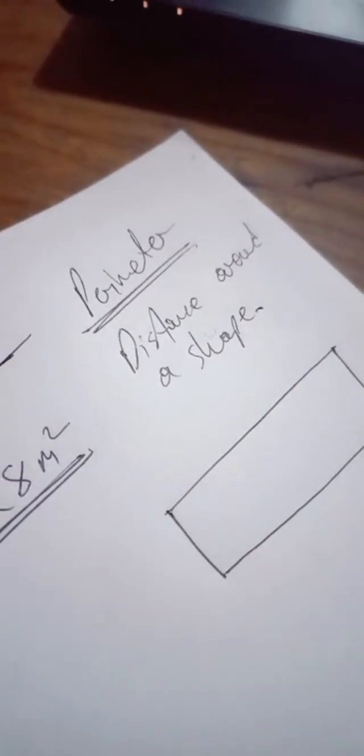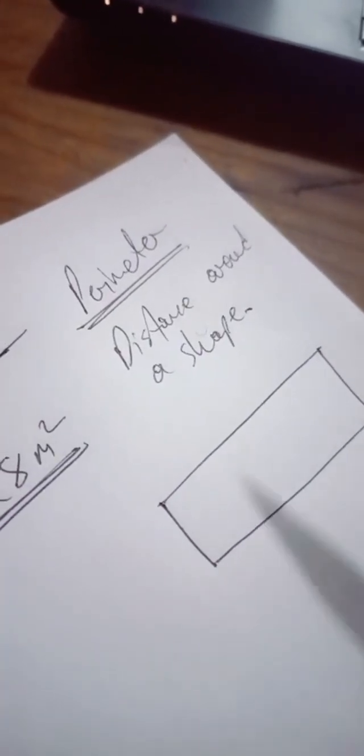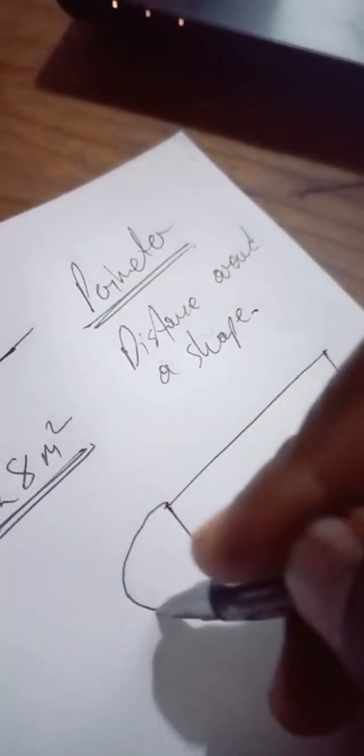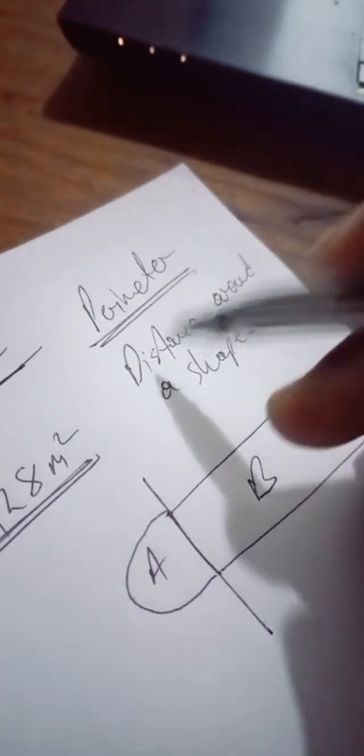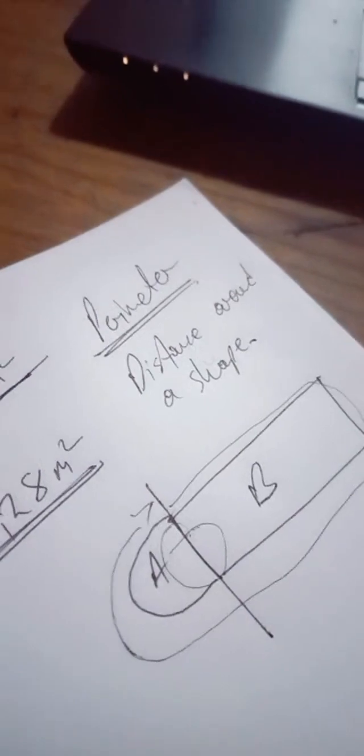Sometimes you might be given a shape like this, and it has a half circle here, so you have shape A and shape B. When you're calculating area, you split, calculate this, and then add. If you're calculating perimeter, don't include this. Just add right around the shape coming back. That is perimeter.